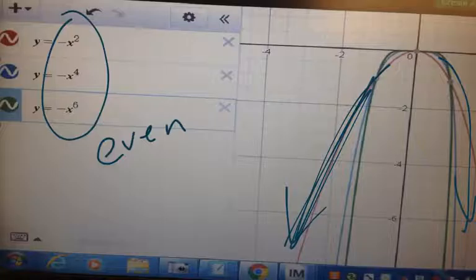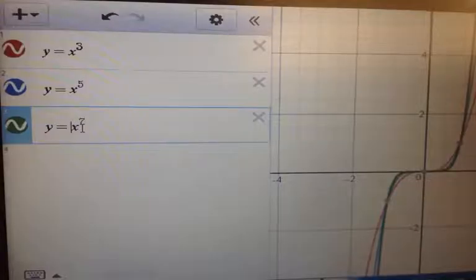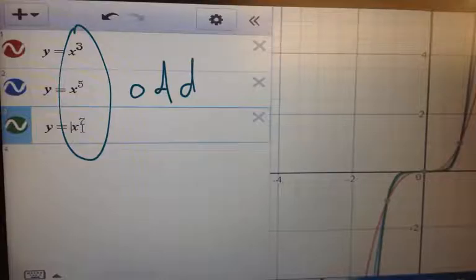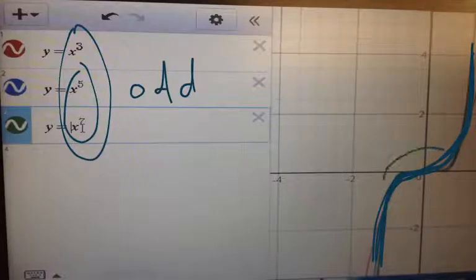Now what about an odd function? Notice here, guys, I have odd functions, right? I have an x to the 3, x to the 5, x to the 7. If you look over there, they all make that same kind of snaky looking shape, don't they? As you can see, they all have a similar shape. The higher the power, the more kind of square it gets near the center inflection point, as we like to call it.